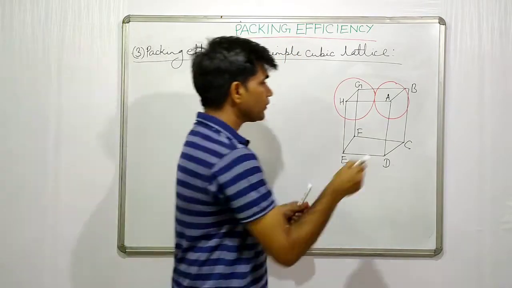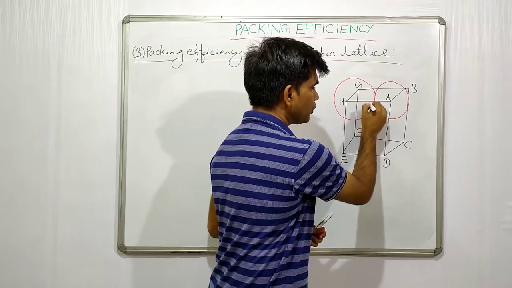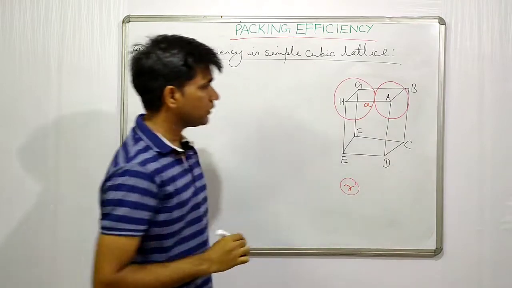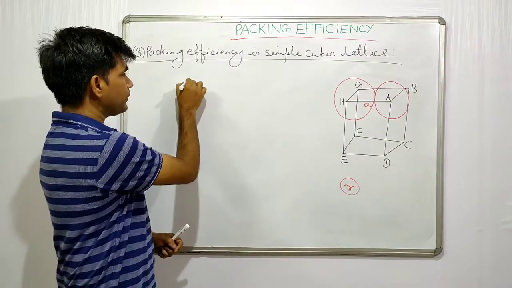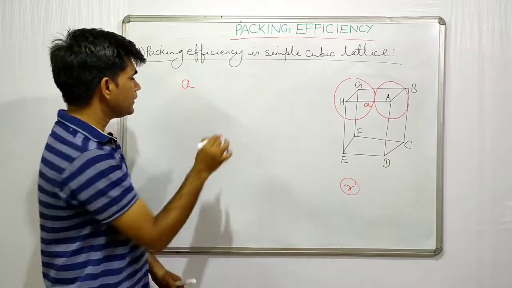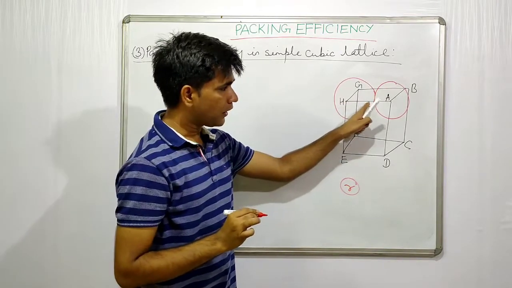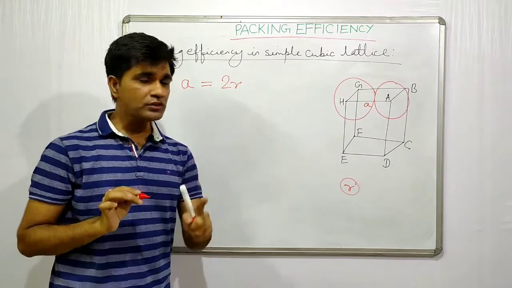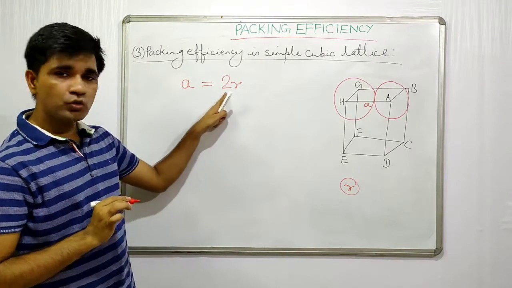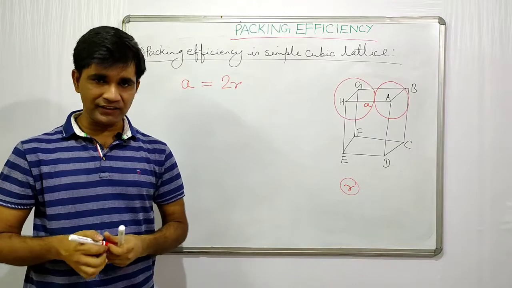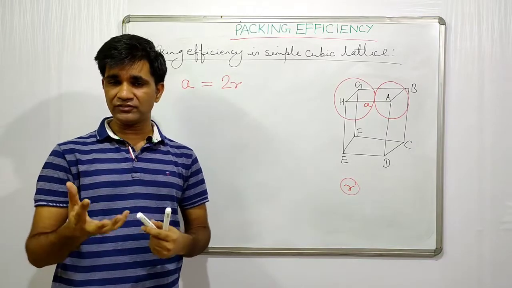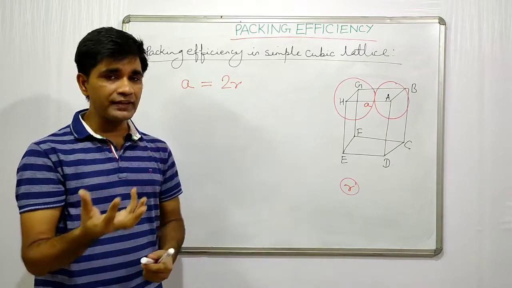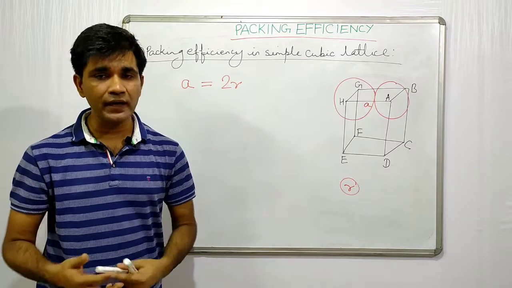In this you can see here, if the edge length is equal to A and radius of the sphere is equal to R, then A, the edge length of this unit cell, is equal to 2R. R plus R is equal to 2R. Now we can put the value of A equal to 2R directly in the formula of the packing efficiency, because to apply the formula of the packing efficiency we only require the value of A.